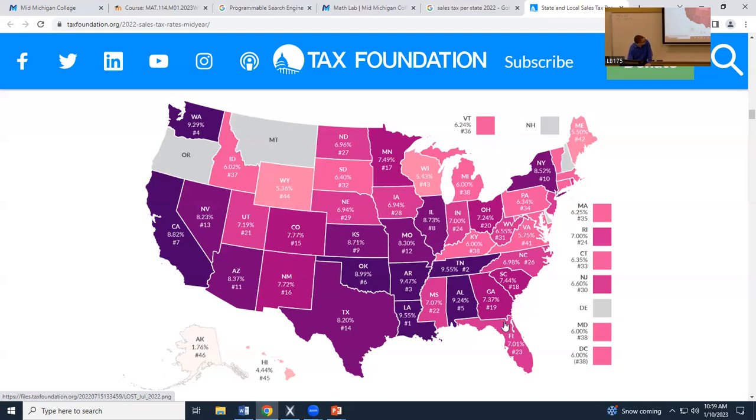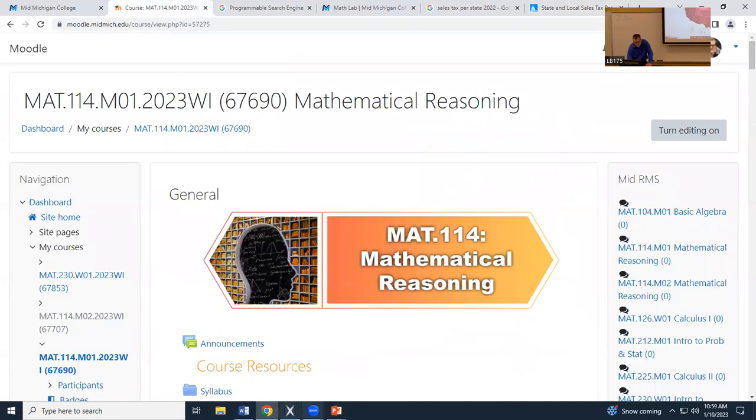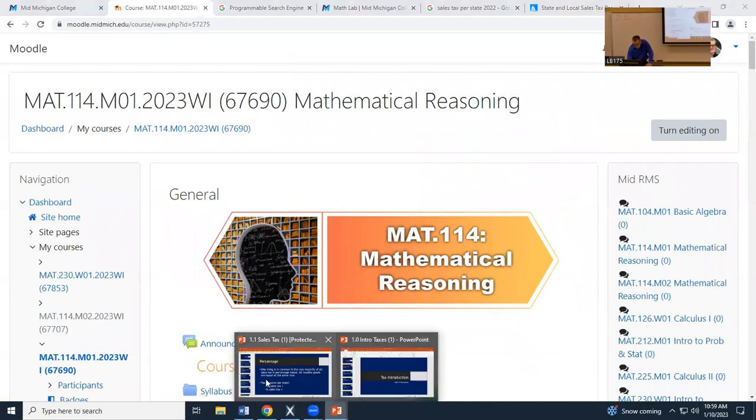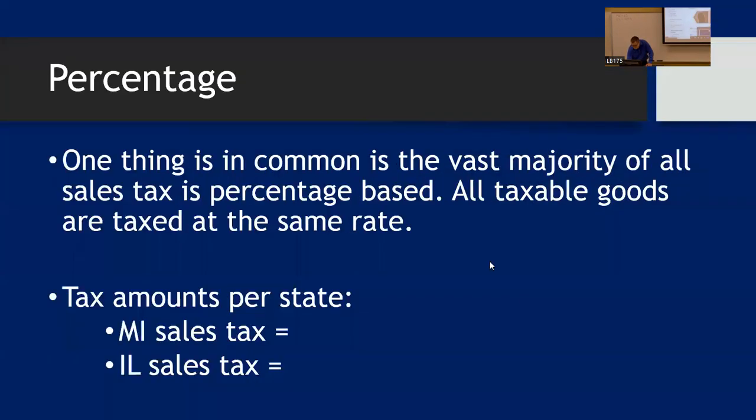So some of these you think, well, why is it so high in that state, or why is it so low in that state? It kind of depends on how much money the states are spending, and also what their rates are on their other taxes.